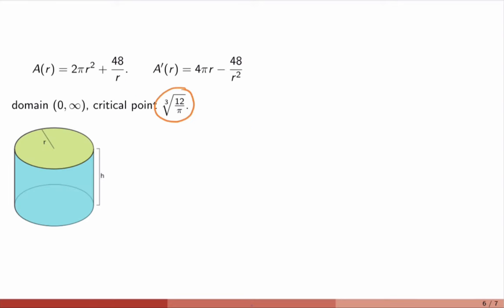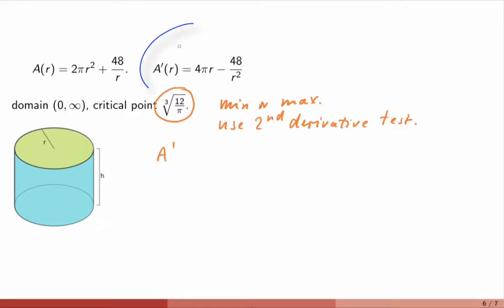So we found the critical point, and we have a domain from 0 to infinity, so we have to make sure if this is a minimum or a maximum. In this case I use a second derivative test, meaning I differentiate again. I have written a prime right here, so then a double prime of r would be 4 pi plus 48 times 2 divided by r cubed. And this is positive for positive values of r.